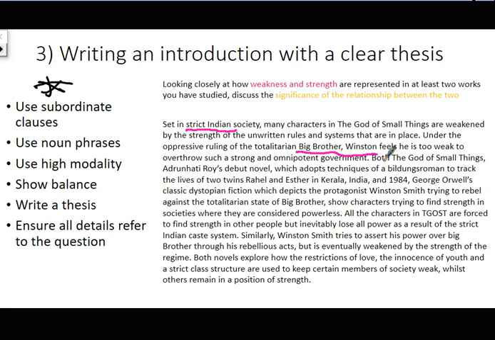Like particularly here, Arundhati. Yeah, there we go. I can say it. Like full names, dates, places, characters, technical vocabulary, totalitarian state of Big Brother, Winston Smith, all these things.